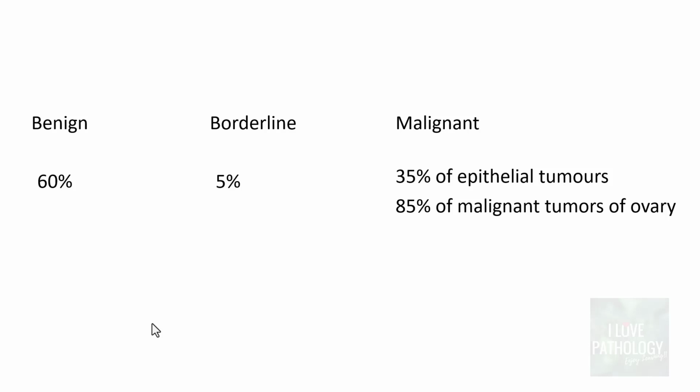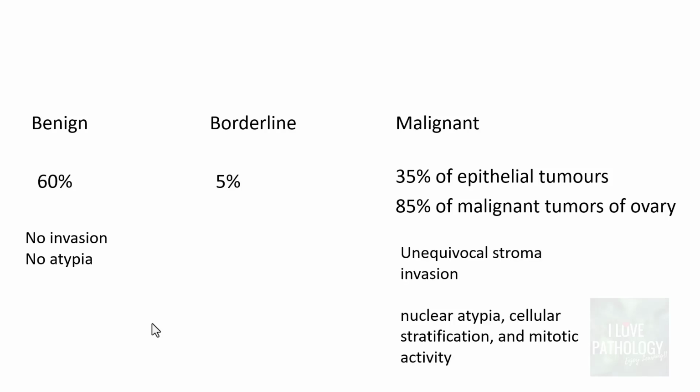Now, benign tumors, as the name says, there is no invasion, there is no atypia. Okay, they are bland looking tumors with bland looking cells and absolutely no invasion, then you call them benign tumors. On the other hand, malignant tumors mean there should be unequivocal stromal invasion along with nuclear atypical features, cellular stratification, and mitotic activity.